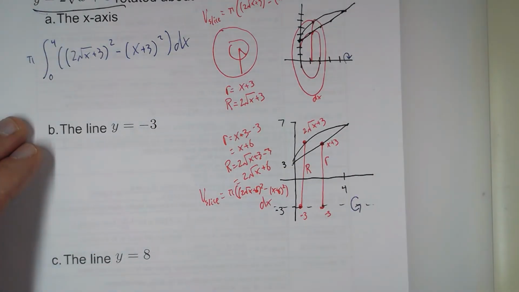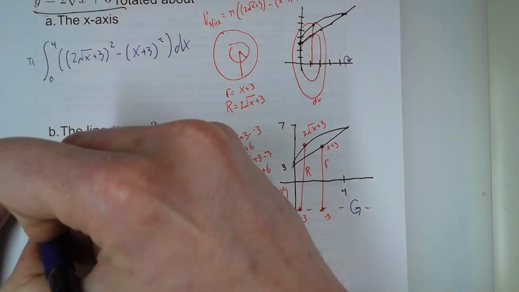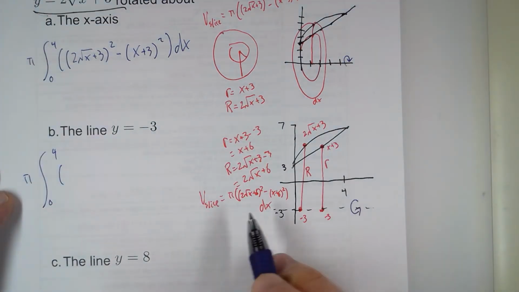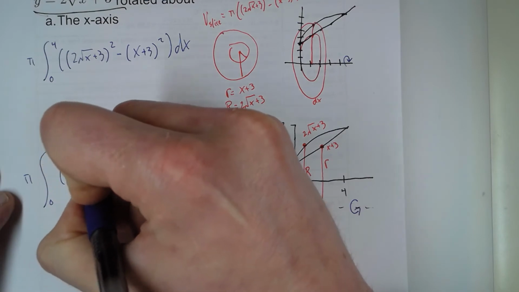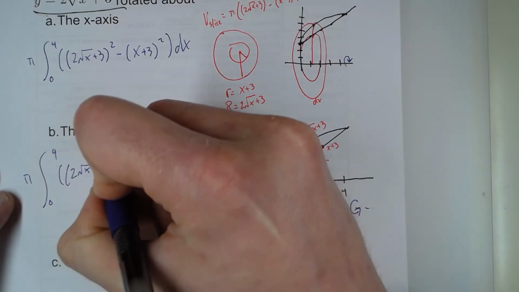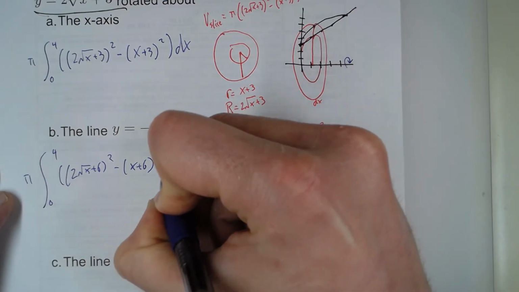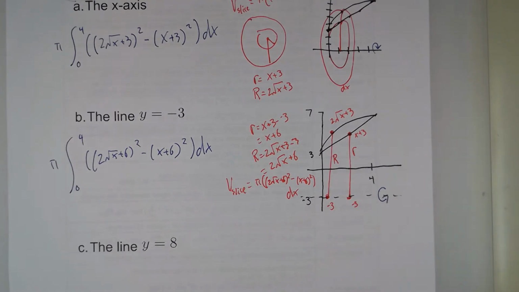They're perpendicular to the x-axis, so they're going from left to right. So we're adding them up from 0 to 4. And so we have 2 square root of x plus 6 squared minus x plus 6 squared dx. And there is our integral there.